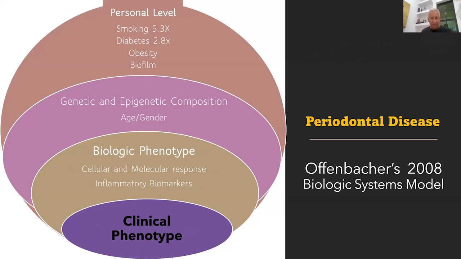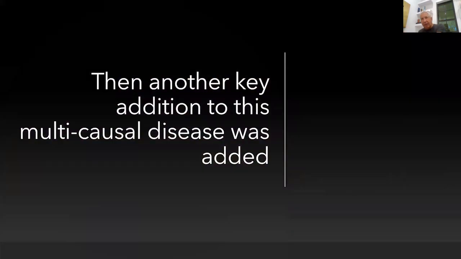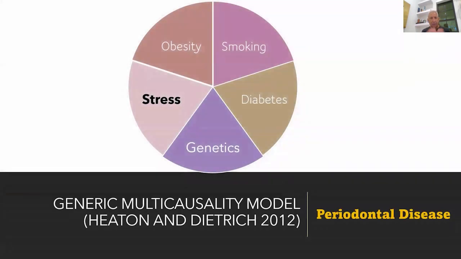That's Offenbacher's. And then there was another causal addition to periodontal disease, and that's stress. So you had stress, obesity, smoking, diabetes, and genetics, and all of these relate to more than just bugs, brushing, and flossing, and scaling and root planing and perio therapy. It's much more complex than that.